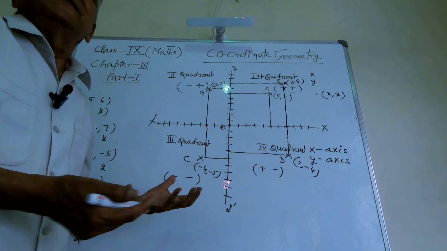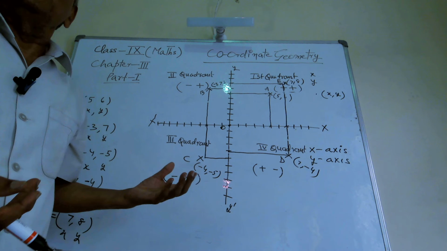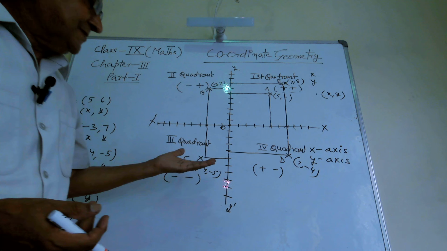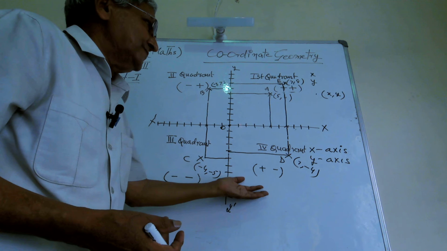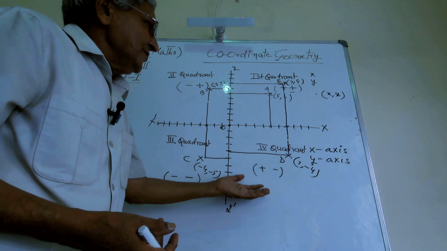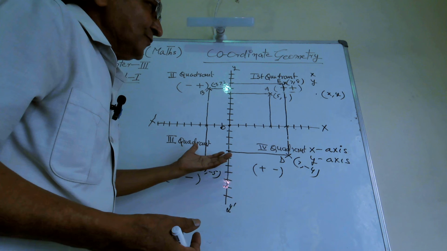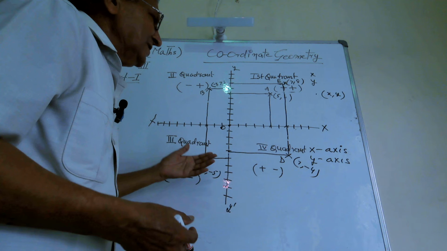This is the initial knowledge of graph. In a graph, you have to draw two lines: one is the x-axis and the second is the y-axis.